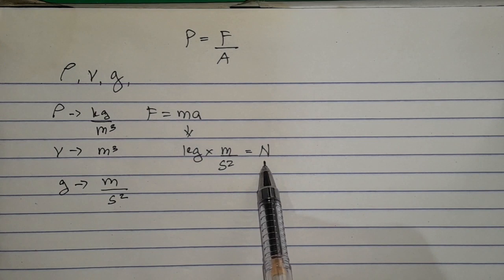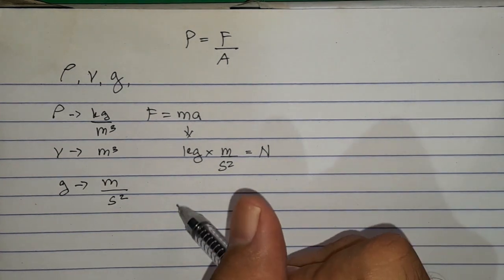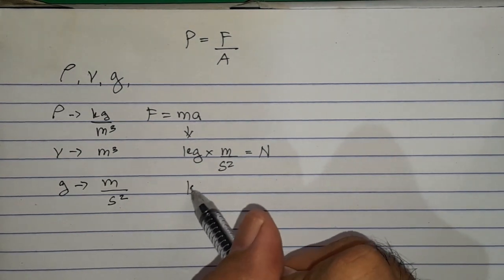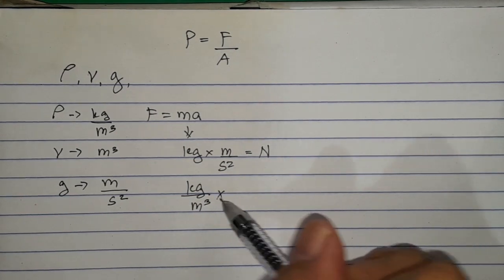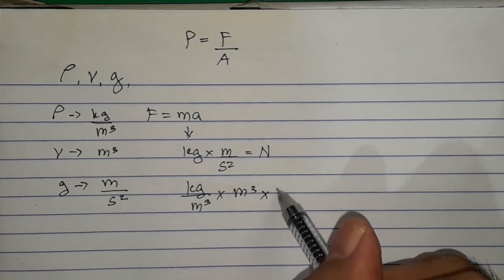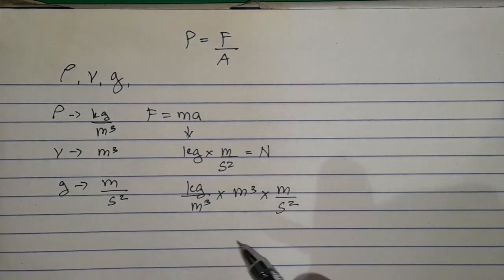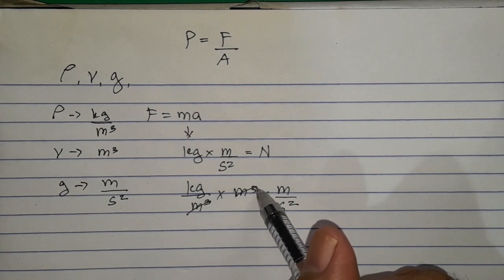Now, let us evaluate the three quantities, the density, volume, and gravity, to see if we can arrive at Newton. If we multiply the three, that will be kilogram per cubic meter times cubic meter times meter per second squared. At this point, we can cancel out cubic meter.